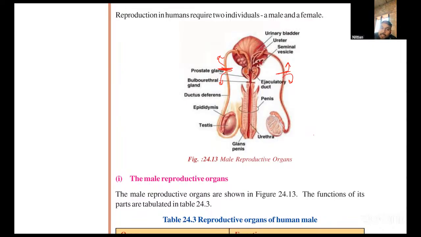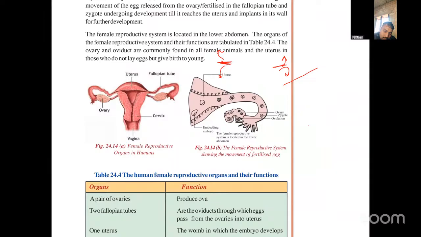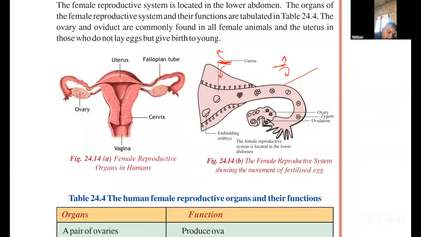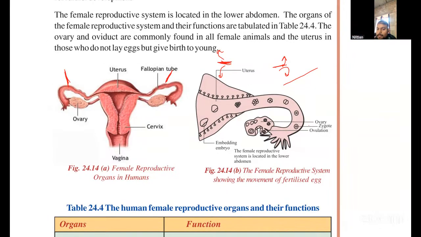Did you understand? Yes or no? In the same way, tubectomy. In tubectomy, the fallopian tube is cut and tied in the opposite direction, so that the ova will not be released. And menstruation will also stop, right? Menstruation will not stop, because menstruation is the bleeding, but the ova will not come out.